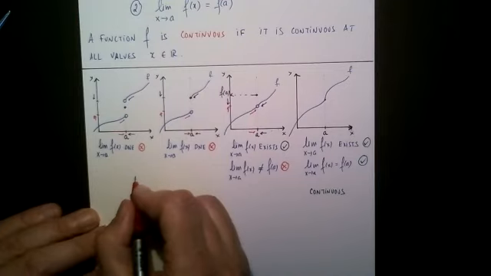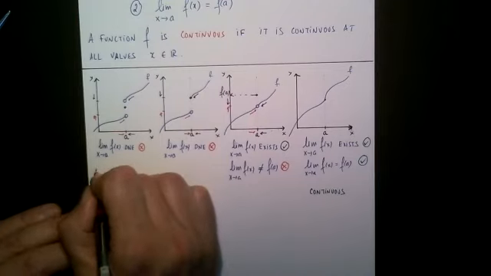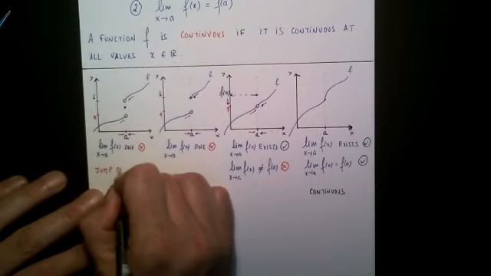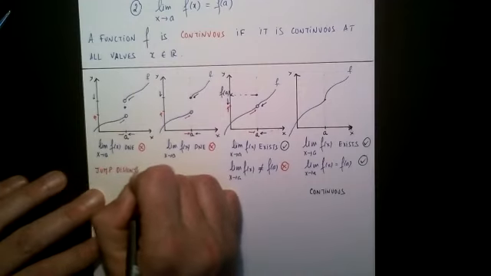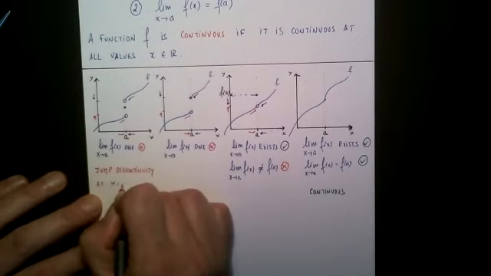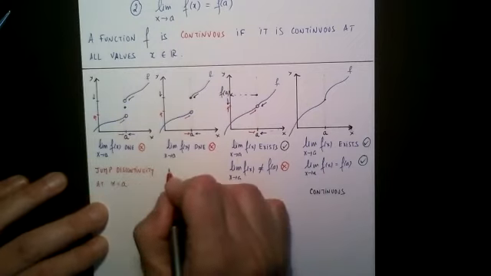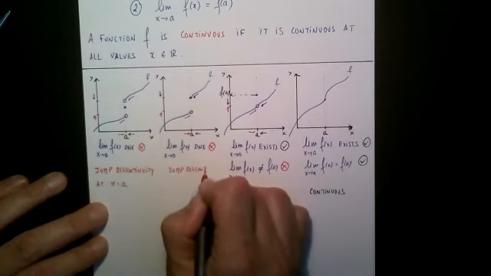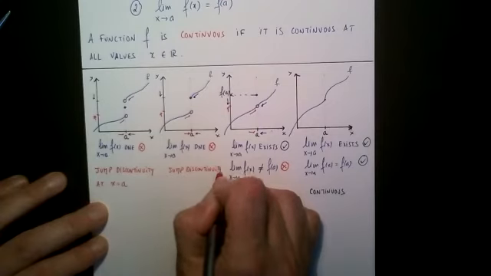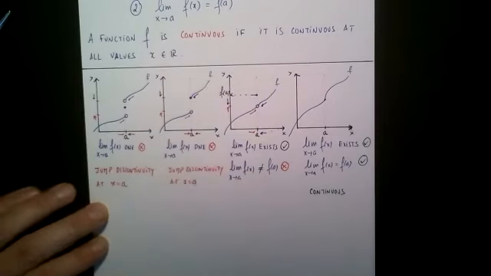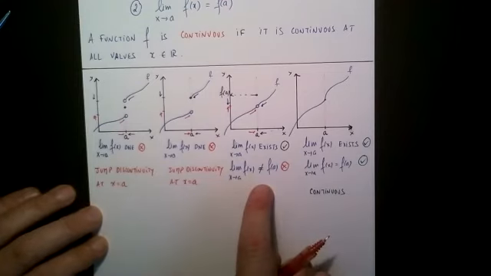Here there is a jump, a jump discontinuity at x equals a. Here also, a jump discontinuity at x equals a.